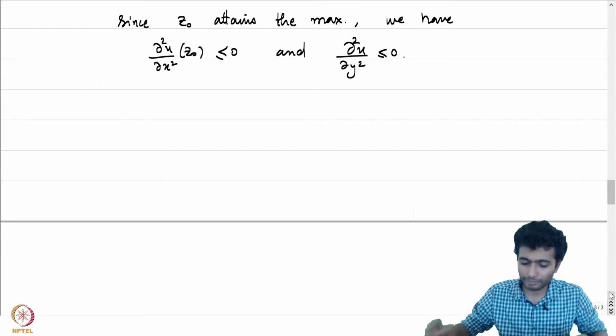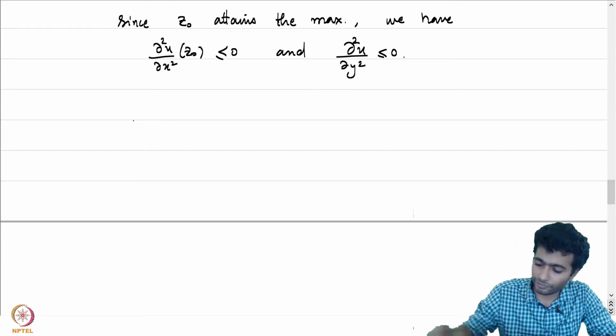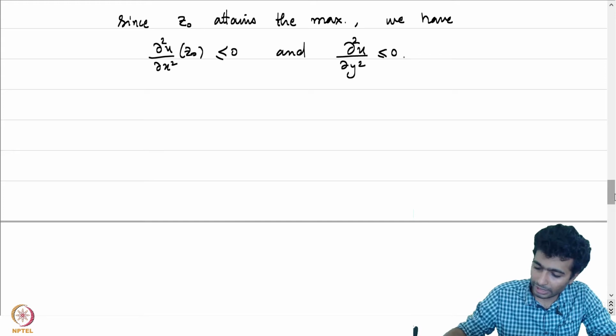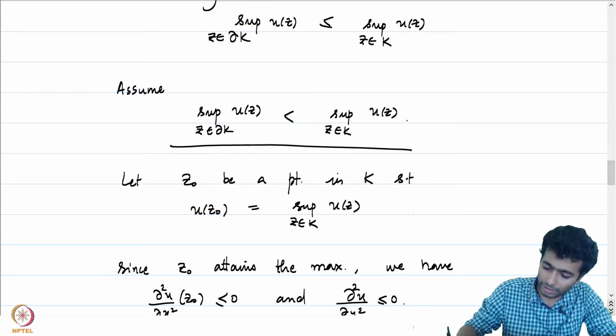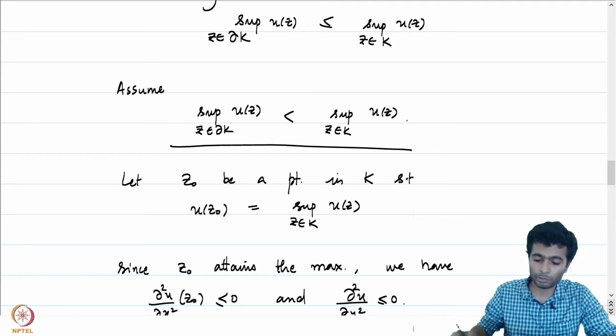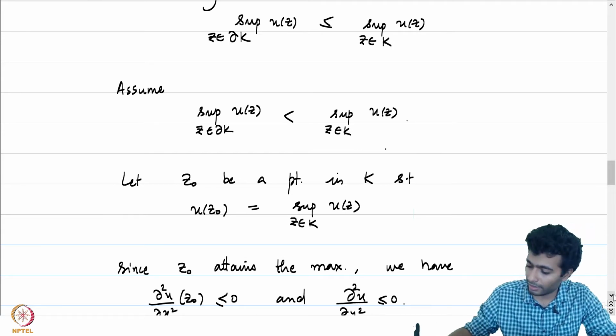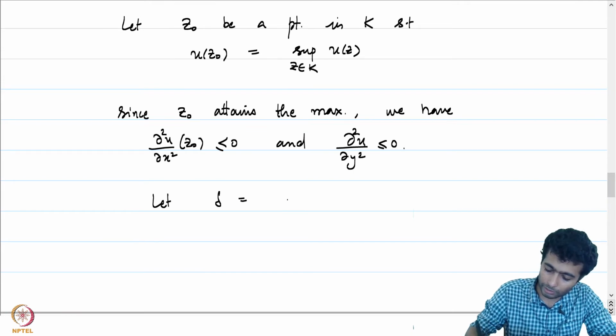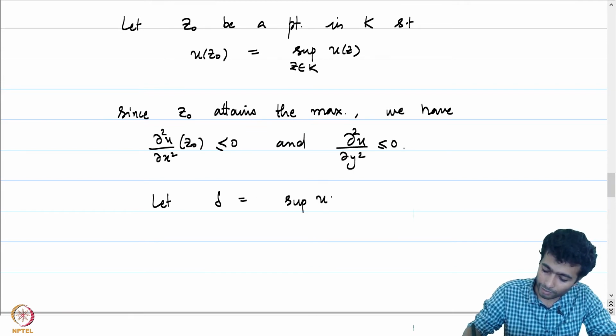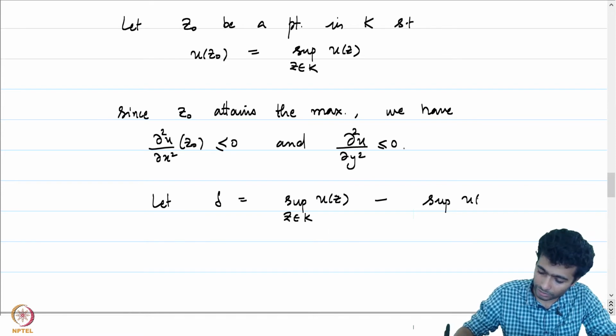To do that, let's first notice that this supremum is strictly less than the supremum over k, and let's call the difference delta. Let delta be equal to the supremum of u of z, where z is in k, minus the supremum of u of z, where z is in the boundary of k.